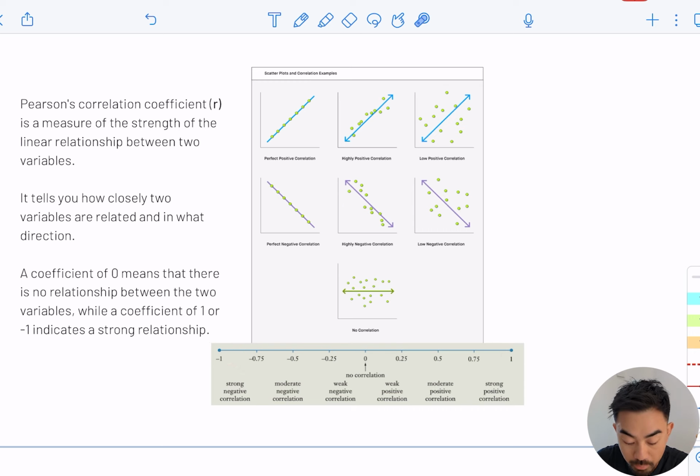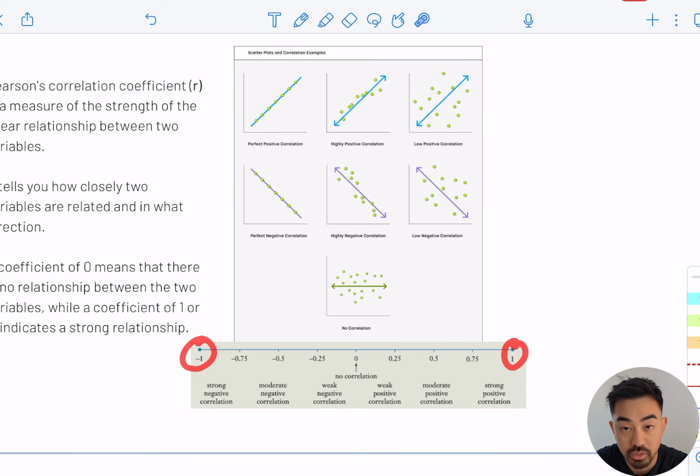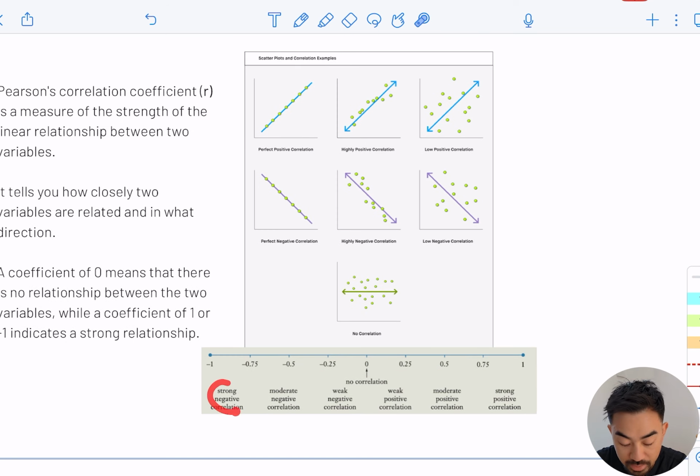So we're going from perfect negative to perfect positive, okay? And everywhere along the way it gets weaker and weaker up until no correlation, and then moves to a more positive direction. From here on, we'll use this language going forward: strong, moderate, weak in the negative, and likewise weak, moderate, strong in the positive.